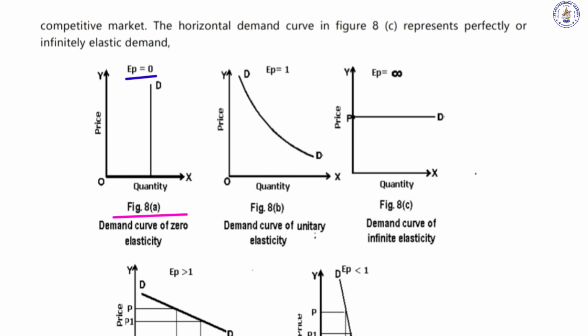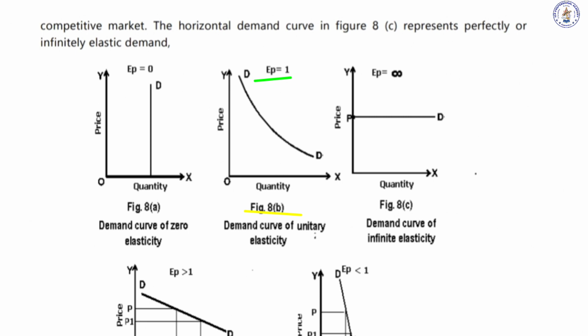Now let me go to elasticity of demand equal to 1. For example, in figure 8b on page number 2.31, you have a demand curve in a curved shape, represented as DD. It's called unitary, or 1. What does it mean? The percentage change in the quantity demanded is equal to the percentage change in price.